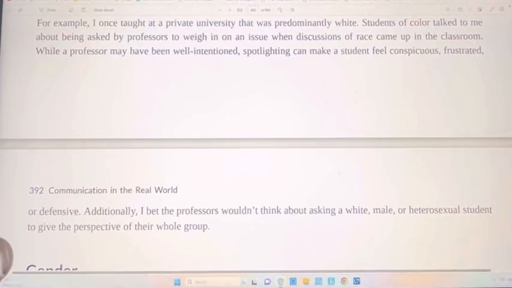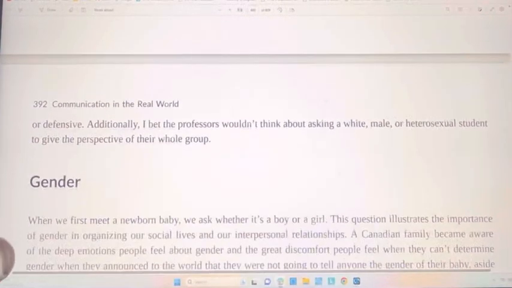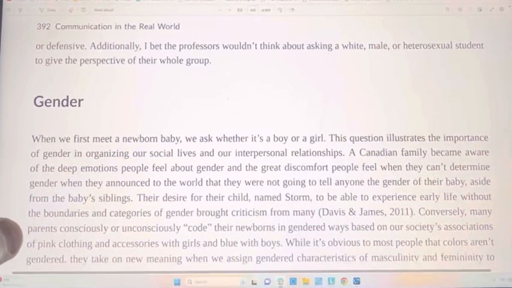While a professor may have been well-intentioned, spotlighting can make a student feel conspicuous, frustrated, or defensive. Additionally, I bet the professors wouldn't think about asking a white, male, or heterosexual student to give their perspective to the group.